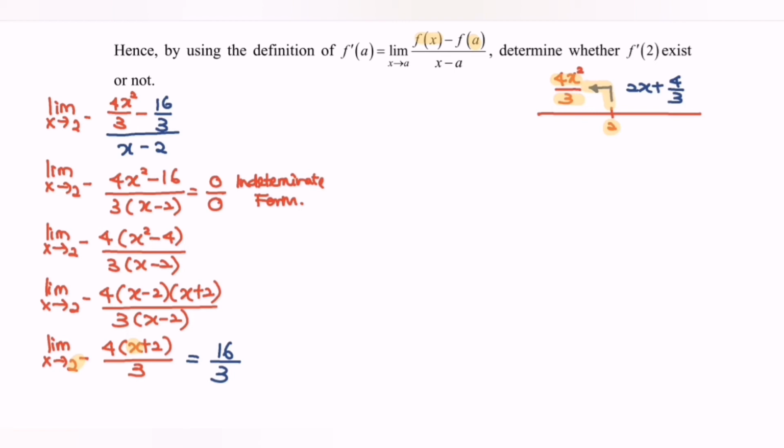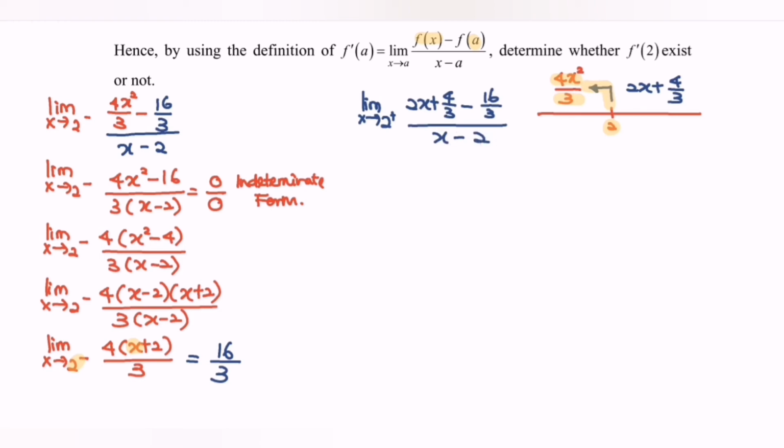Next, we are going to discuss the right hand side. The limit when x approaches 2 from the right, the function would be 2x plus 4 over 3 minus f(a), which is still 16 over 3, over x minus 2.